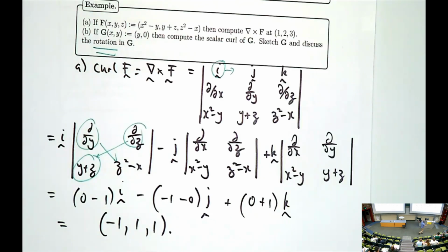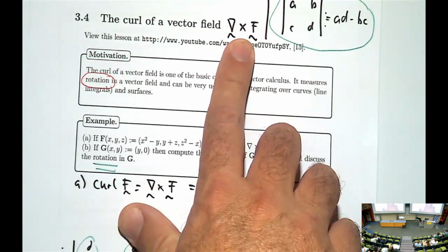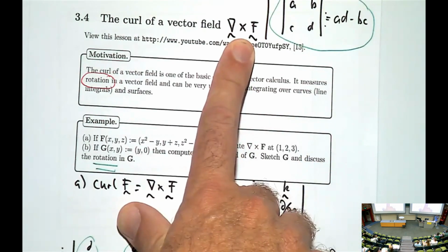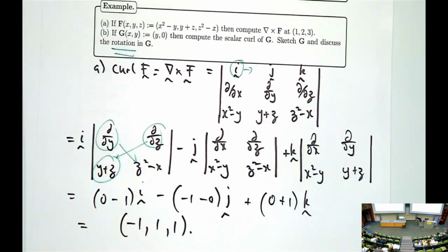Then we moved on to this other operator where you've got a cross product involved, called the curl. And we think, at least from the text, that this might have something to do with the rotation of a vector field. So let's pursue this, and let's have a look at part B.